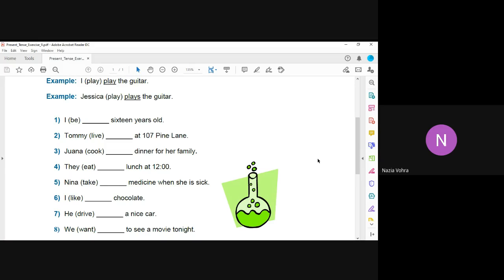What is the? Article. And what is guitar? Object. Yes. And what part of speech is it? It is a noun. Perfect.